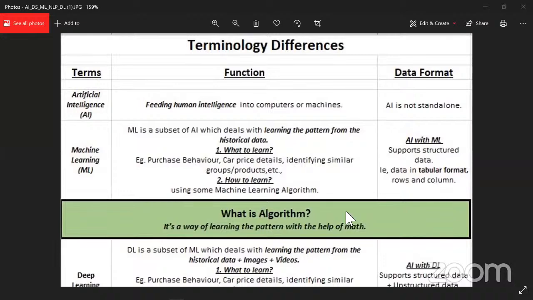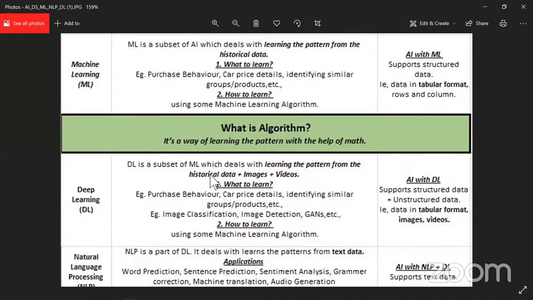All right. Now, what is deep learning? Deep learning is a subset of machine learning which deals with learning patterns from historical data, from images and from videos.